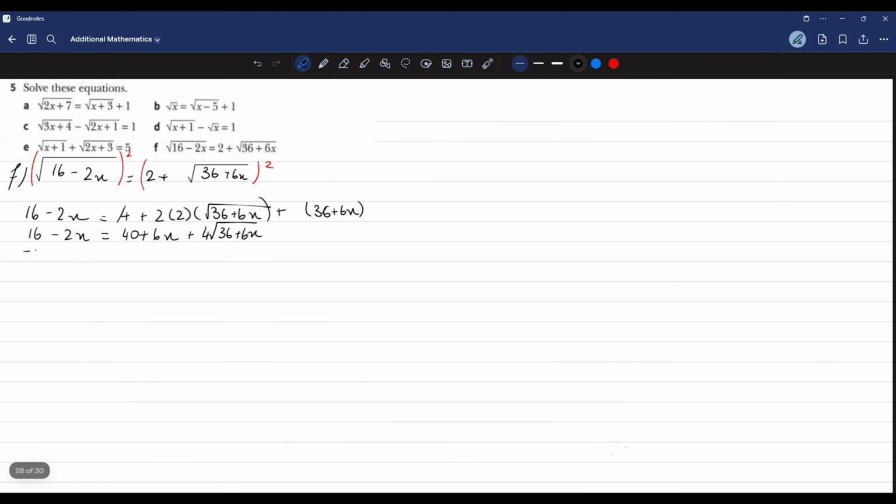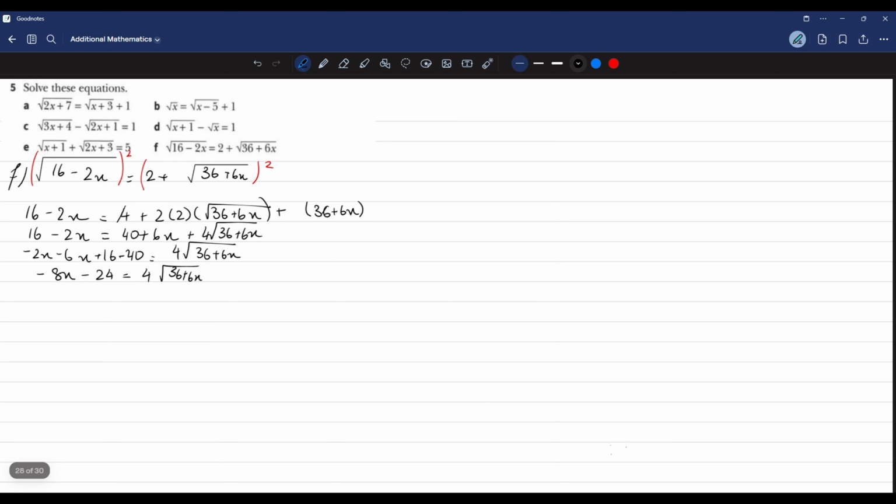So minus 2x minus 6x should be equal to positive 16 minus 40, and that should be equal to 4 times the square root of 36 plus 6x. So we have negative 8x. What is positive 16 minus 40? That's negative 24. So negative 8x minus 24 is equal to 4 times the square root of 36 plus 6x.